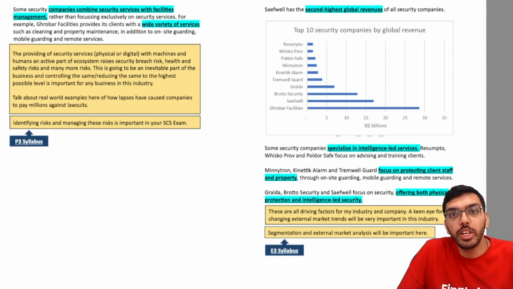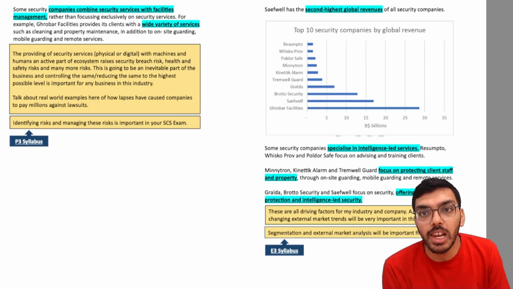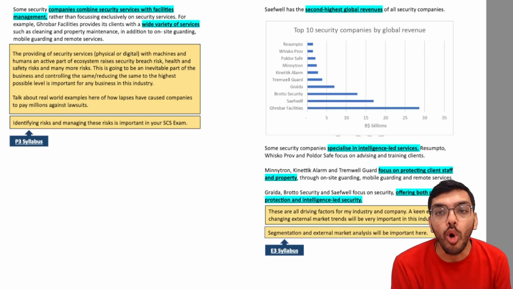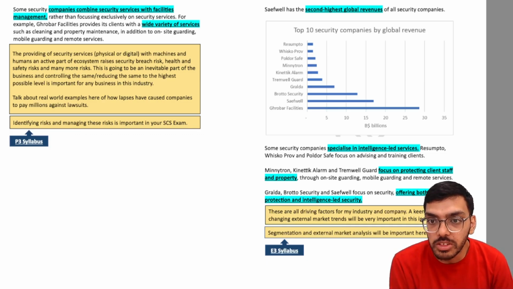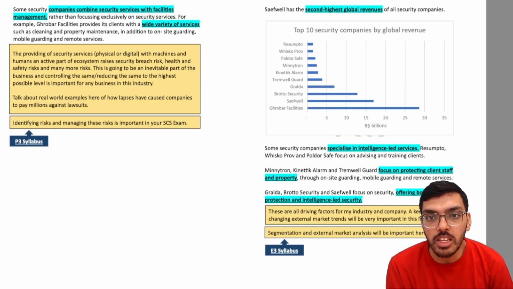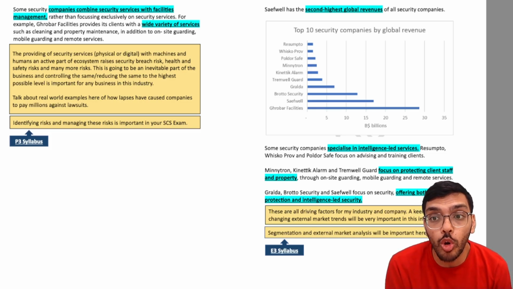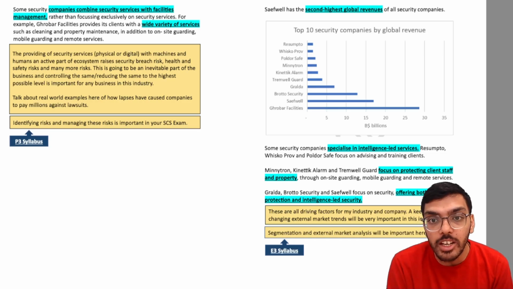After that, we have an information chart which says that Saefwell has the second highest global revenues of all security companies. So in the entire world, they are saying Saefwell is the second largest company offering security solutions. So doesn't this mean that you are a very, very large company, because this is all over the world and your turnover is close to 16-17 billion dollars.